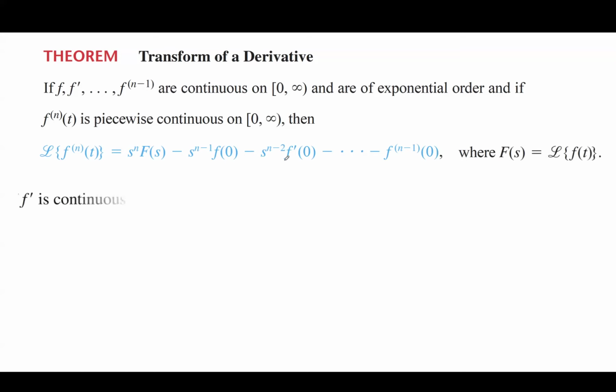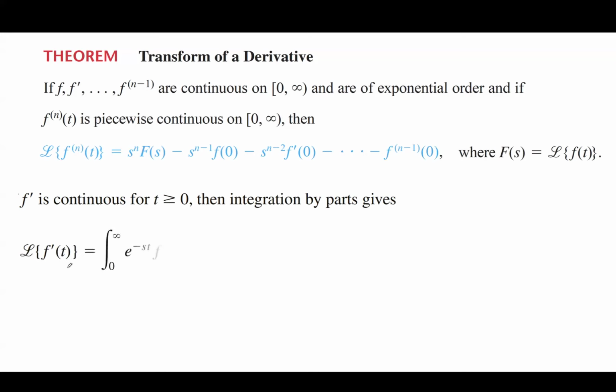For example, suppose f prime is continuous for positive values of t including 0, then integration by parts gives us the Laplace of f prime of t, which is the improper integral of e to power negative st. And remember that wherever we see the function, we're going to substitute that by f prime.